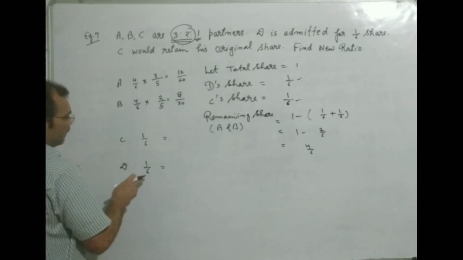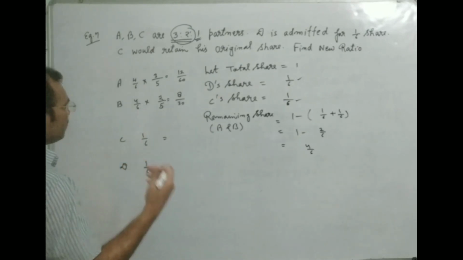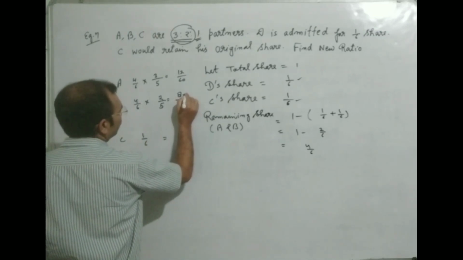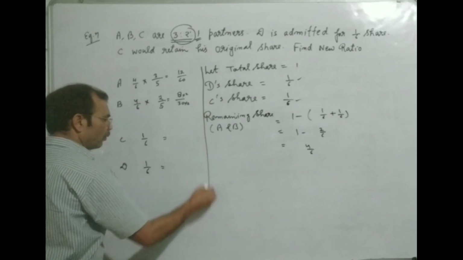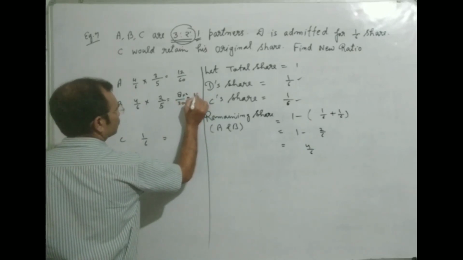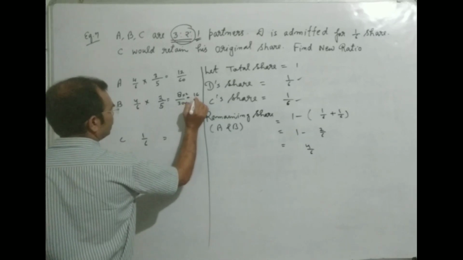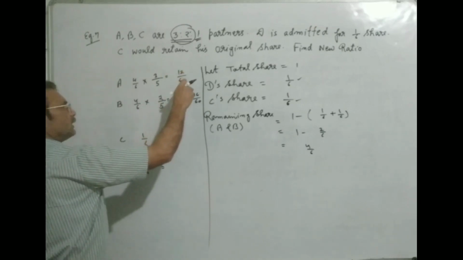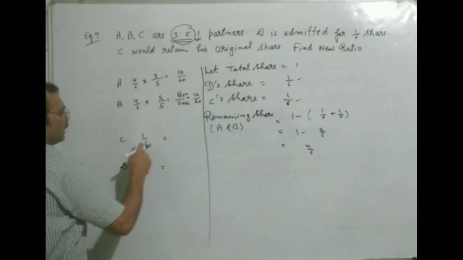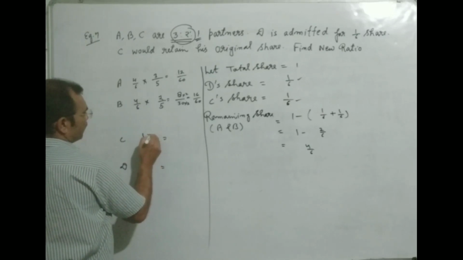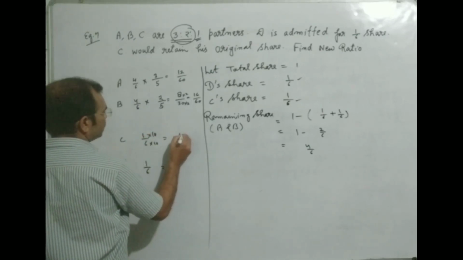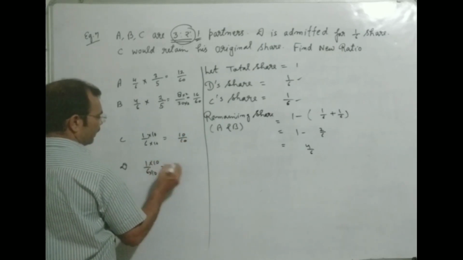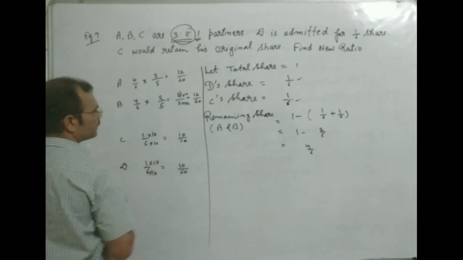This is 1/6 and 1/6, so we will make the denominator equal. If we multiply here by 2, 16/60 will come. This is 12/60, this is 16/60. If we multiply here by 10, 10/60 will come, and in the same way here will be 10/60.